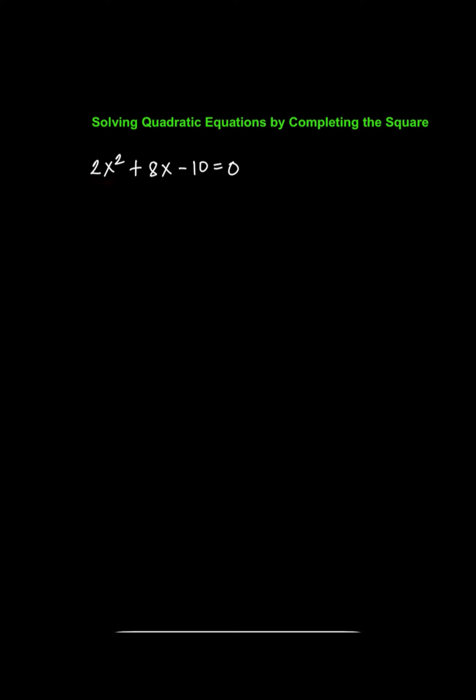So, gagawin natin siyang 1. So, paano ba natin gagawin yan na 1? I-divide natin lahat ng terms ng 2. Okay? So, i-divide natin siya ng 2, divide ng 2, and i-divide ng 2.